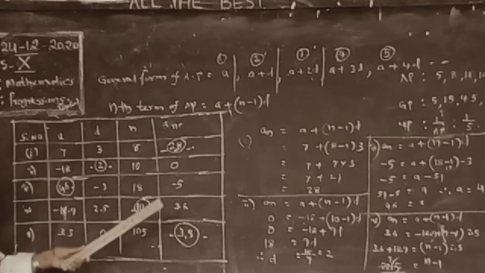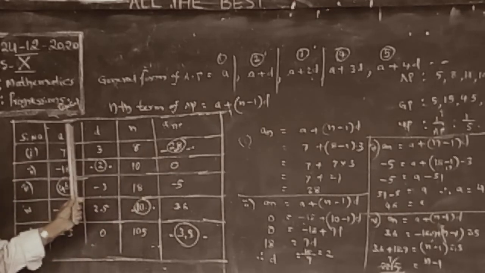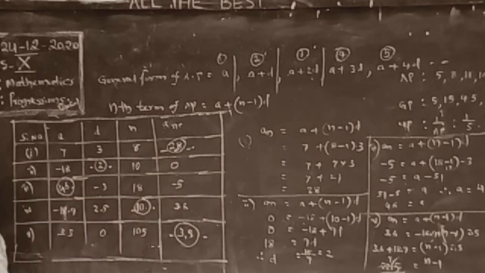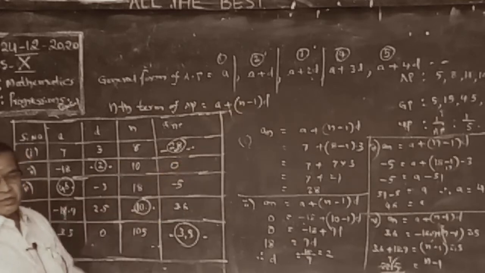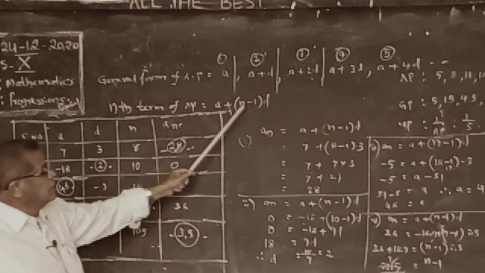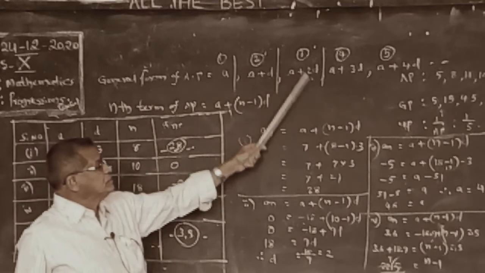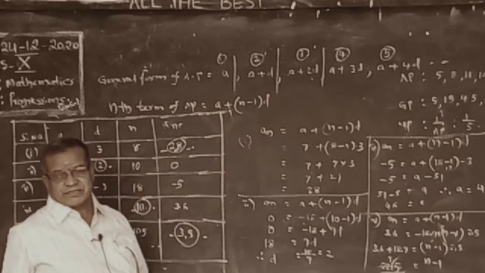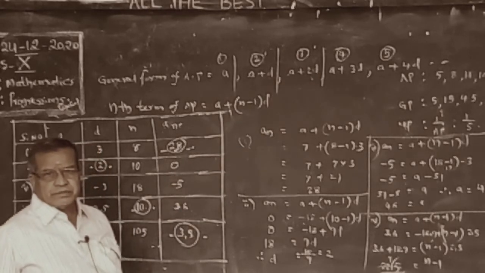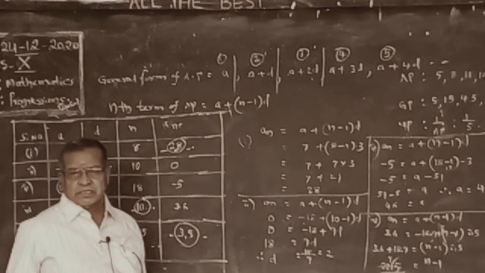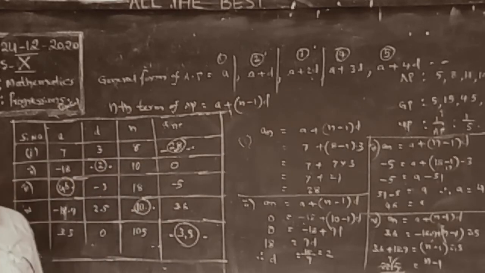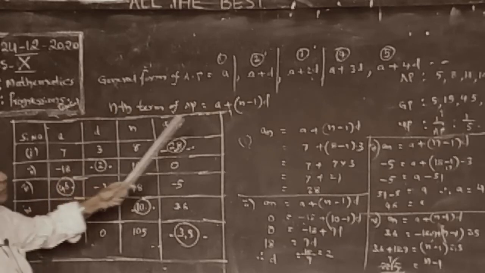So by applying the formula, we have to do it like this. Application of nth term of AP. How did we get it? I told you, every term is one member subtracted. Please follow this. From the beginning, I am saying how to find a term.